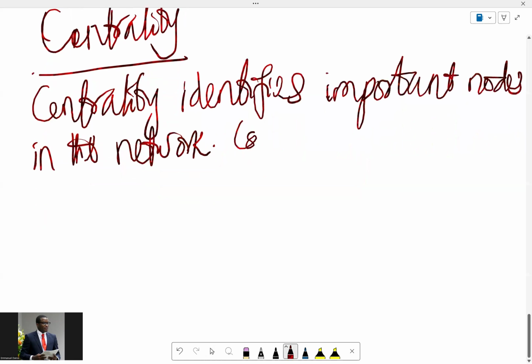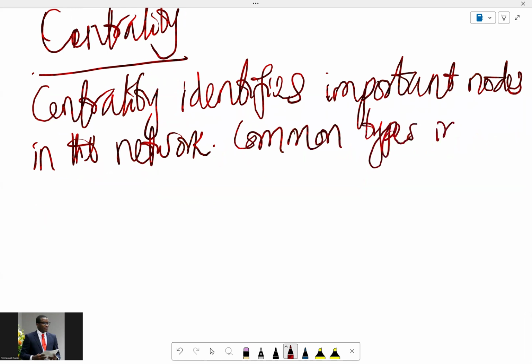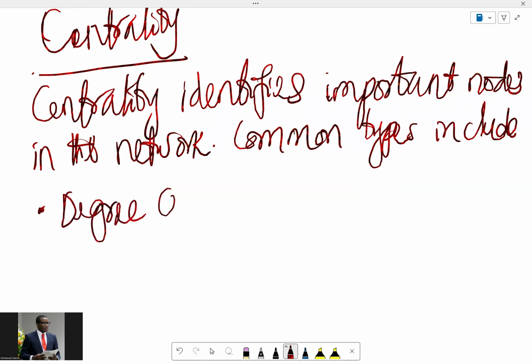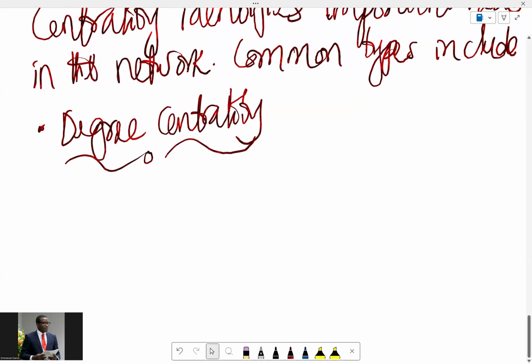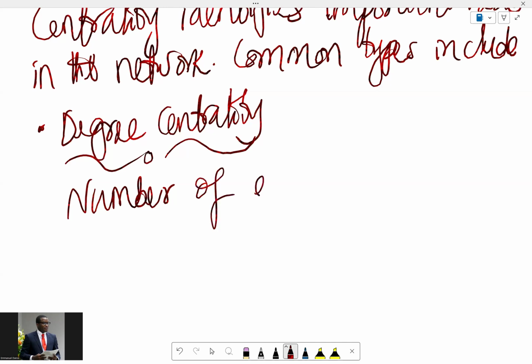We have different types of centrality. Common types include what we call degree centrality, for instance. Degree centrality is the number of edges connected to a node.